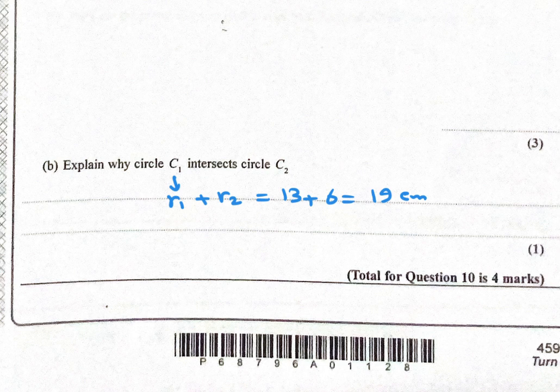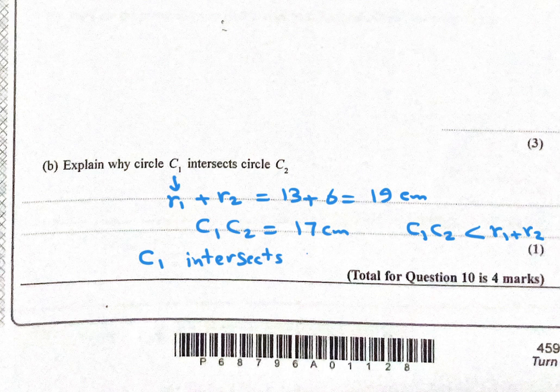So the sum of the radii is 19 centimeter, but the distance between their centers equals 17 centimeter. So the distance between their centers is less than R1 plus R2. So circle C1 intersects circle C2.